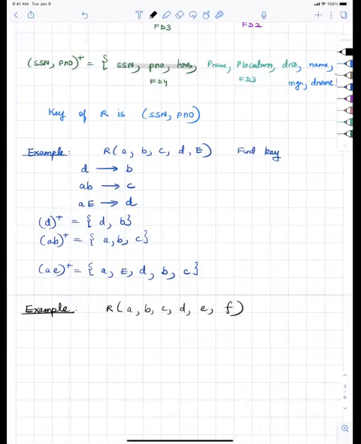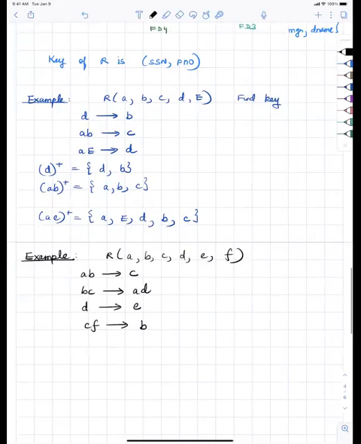So you have, again, attributes from A to F, and you're given the following functional dependencies. You're given AB determines C, BC determines AD, D determines E, and CF determines B. So there are multiple keys.